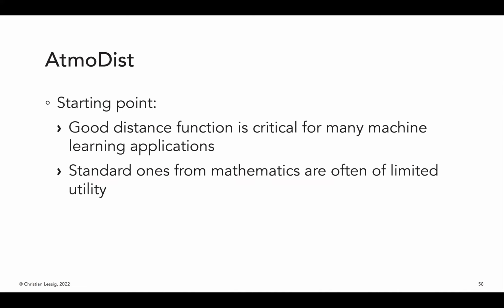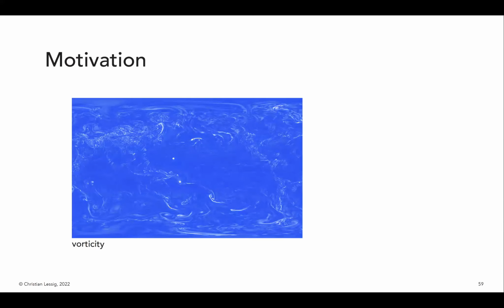The starting point is, if you want to train a neural network, you need a good distance function. That's the loss function you have in your neural networks. And the ones we have from mathematics, like L2 norms, are typically not very good. As an example, here is vorticity directly from the ERA5 data.